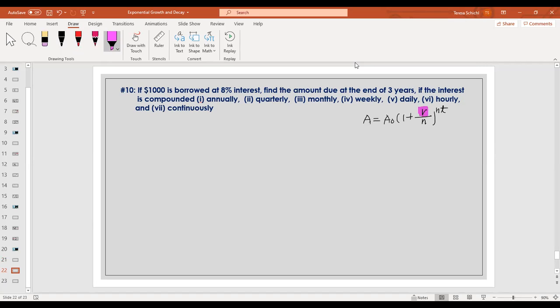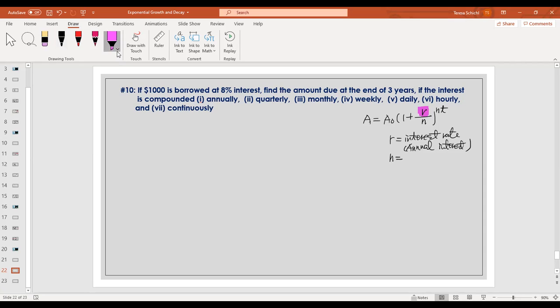The R here is the interest rate. If we don't say anything, this is typically the annual interest rate.